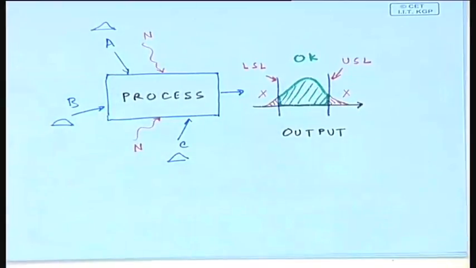In trying to quantify process capability, we look at the individual output values, for example X1, X2, X3. These are measurements on the items coming off the production line.